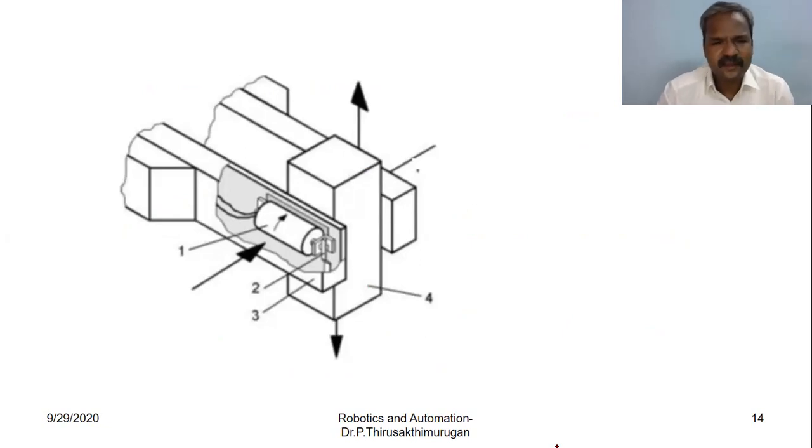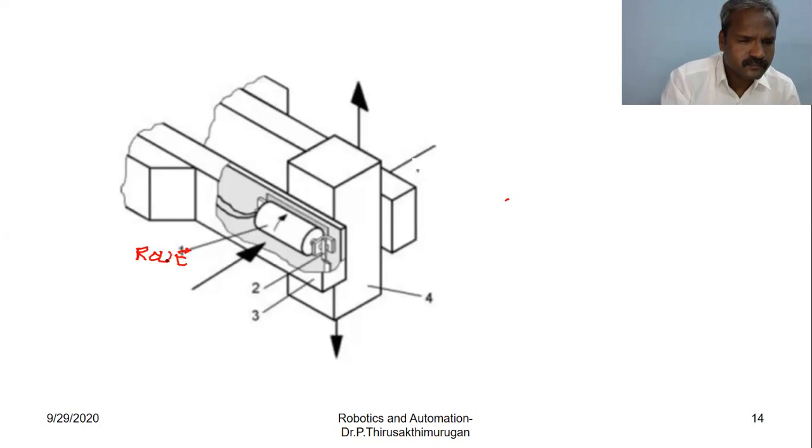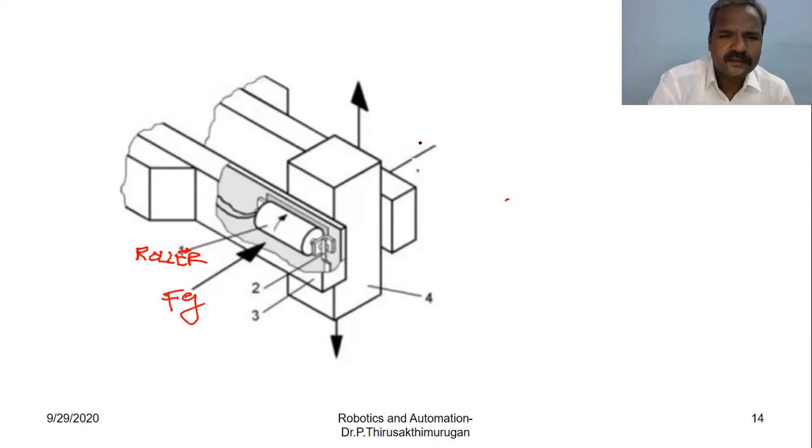One is the slip sensor, so the roller is used for slip sensing. Fg is the gripping force.